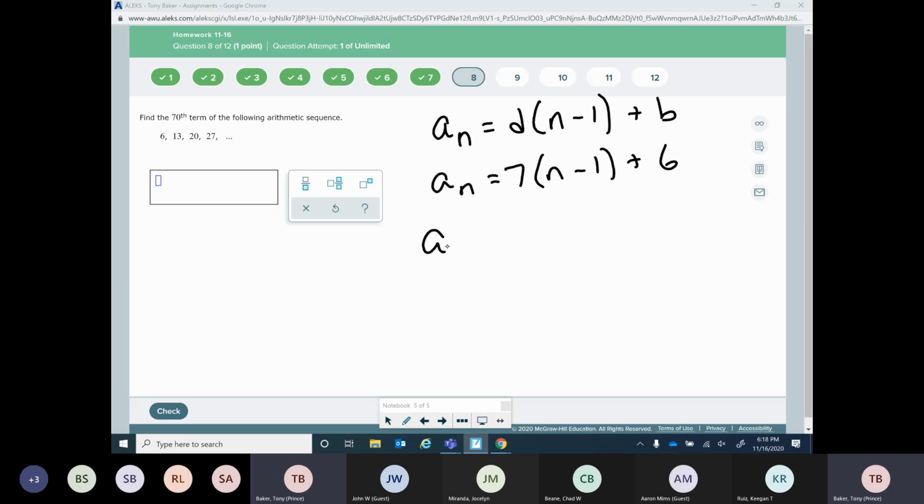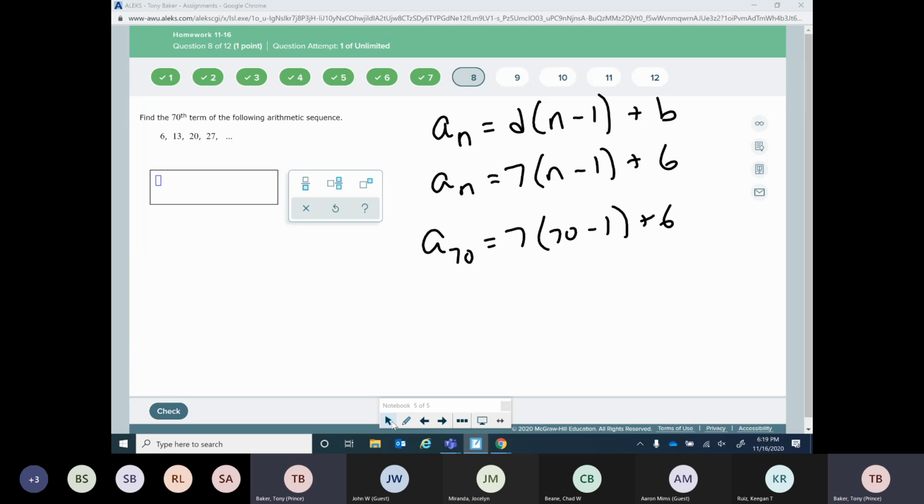So if I wanted to find the 70th term, I can now just plug in 70 to the problem. So 70 minus 1 is 69. 69 times 7 is 483 plus 6.